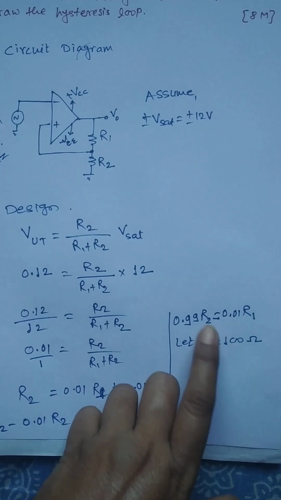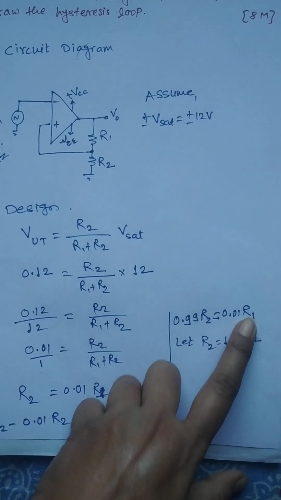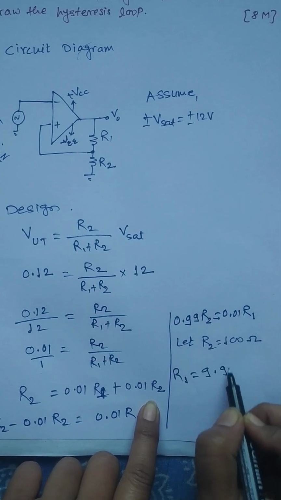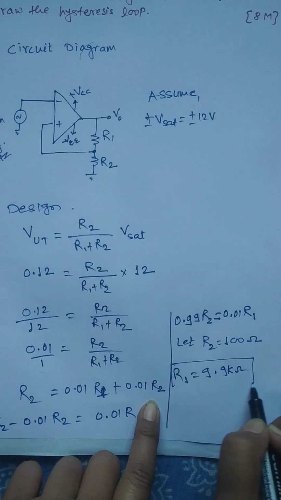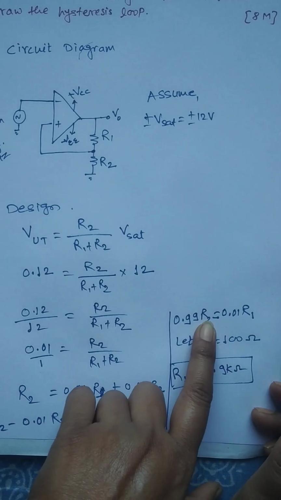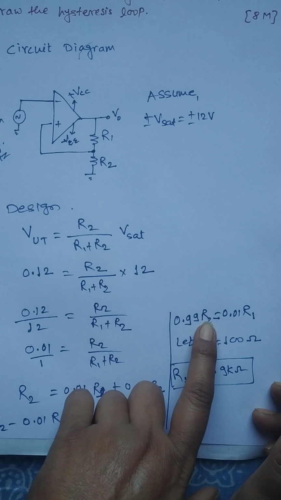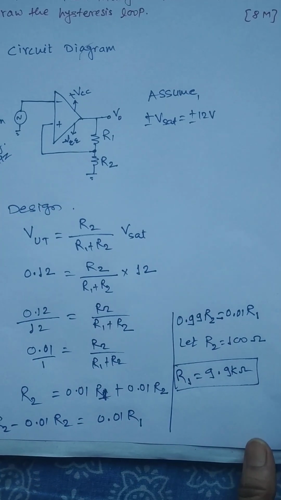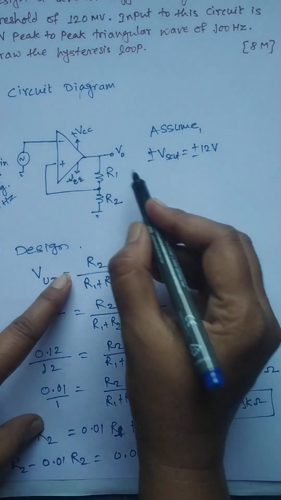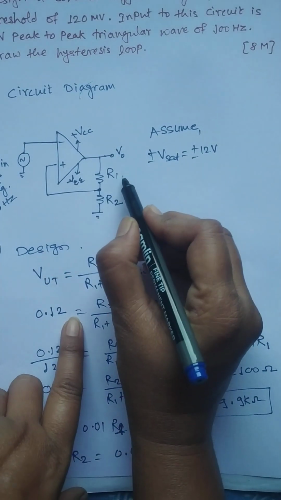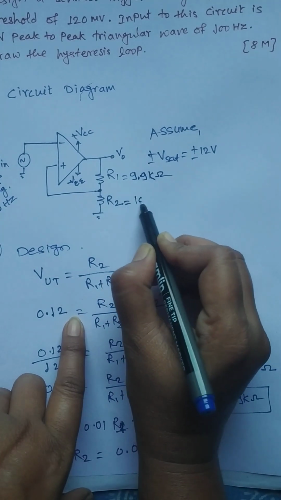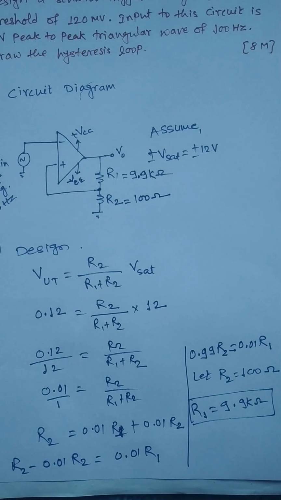If you put 100 ohm here and find out the value of R1, you will get R1 equal to 9.9 kilo ohm. I am not going to solve it, but if you put 100 ohm here, you will get R1 value as 9.9 kilo ohm. Okay. Means R1 value is 9.9 K, and R2 value is 100 ohm, which you can write down here in the circuit. This is my design of the given example.